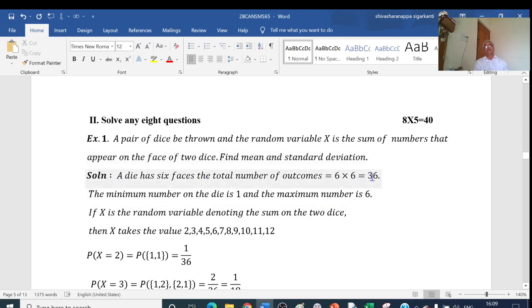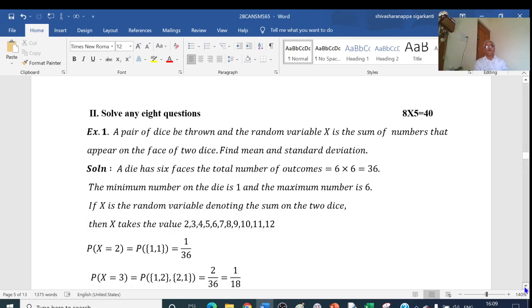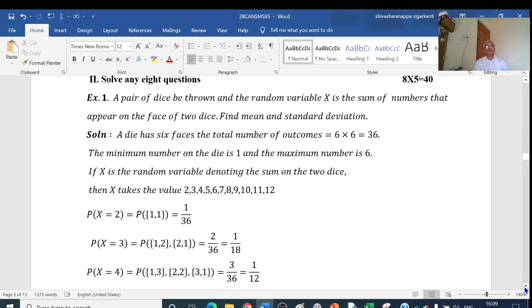Total number of outcomes are 36. Minimum number on the dice is 1, maximum number is 6. Therefore, minimum sum equal to 2 and maximum sum equal to 12. After this, you are going to find P of x equal to 2, 3, P of 3, P of 4, P of 5 up to P of 12.